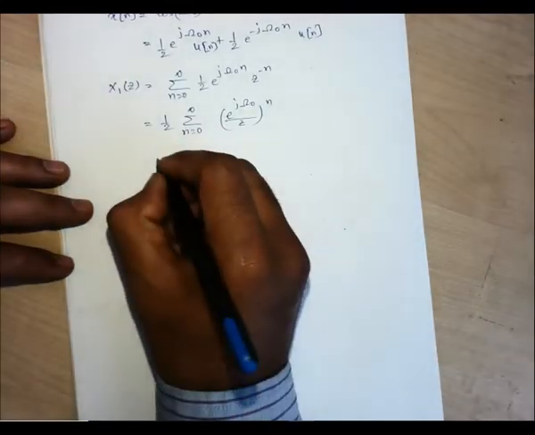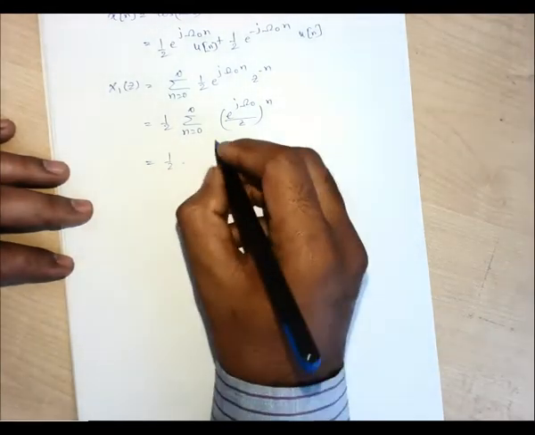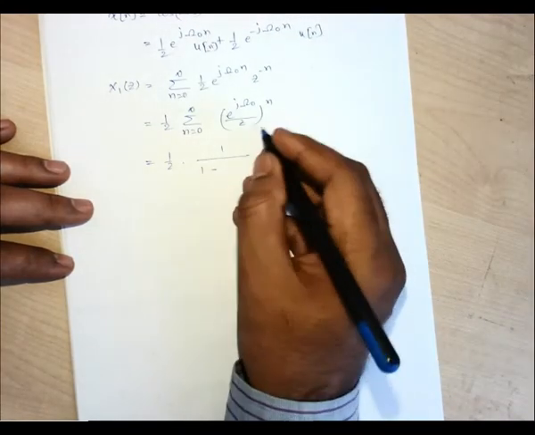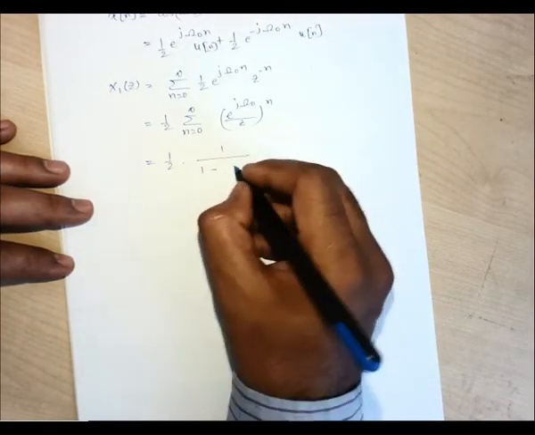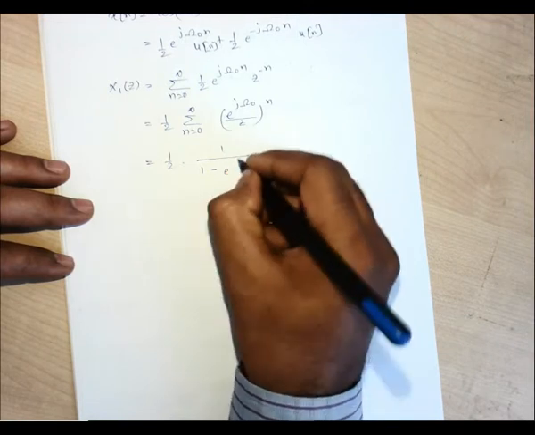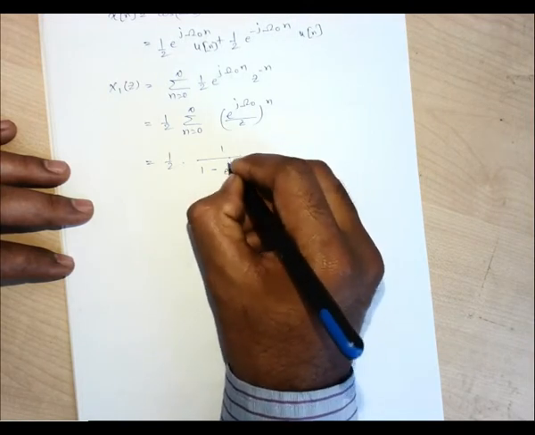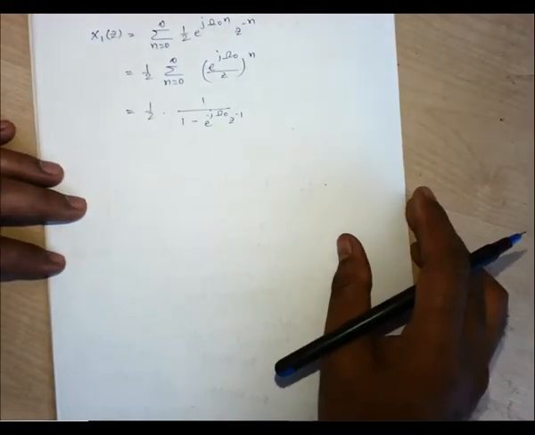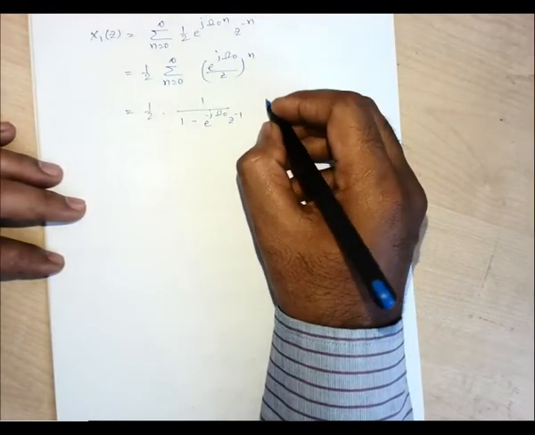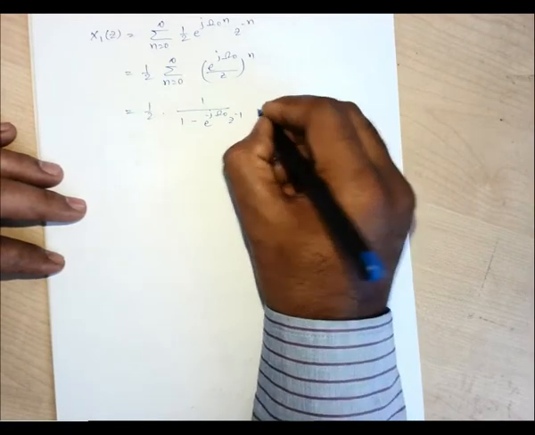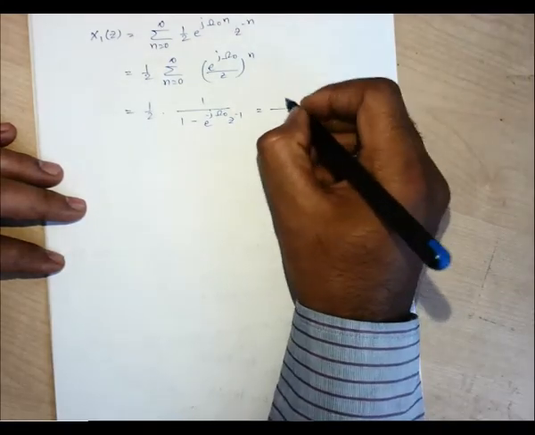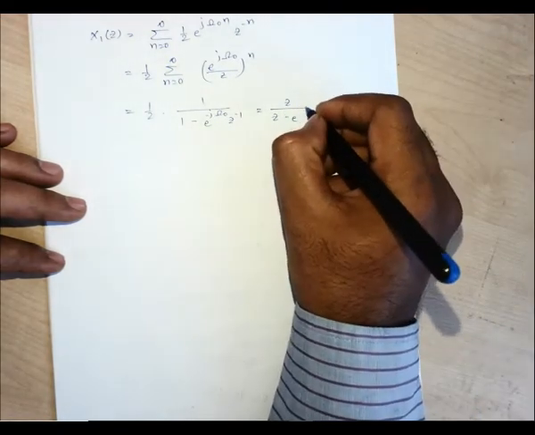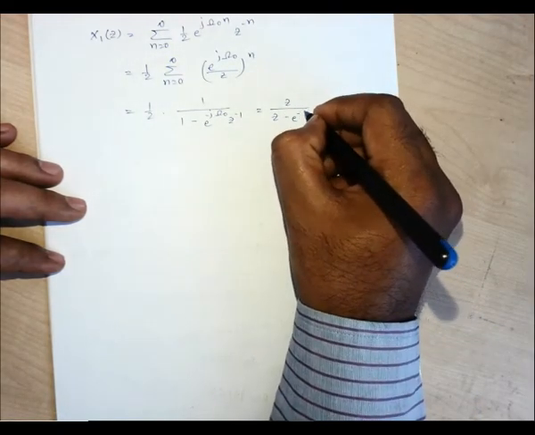So this becomes half into 1 by 1 minus e to the power j omega naught z inverse, which is z by z minus e to the power j omega naught.